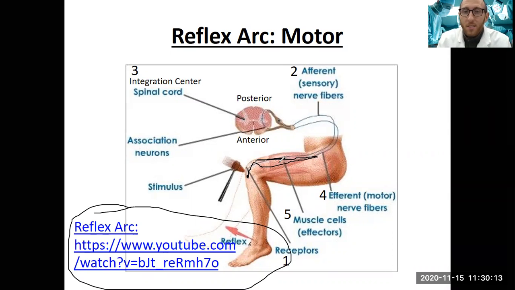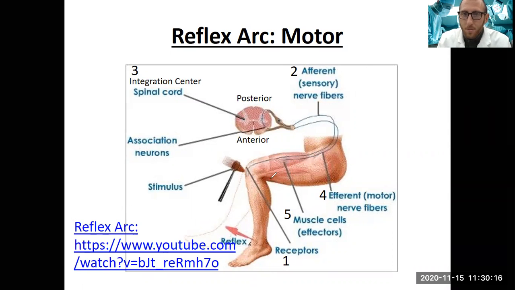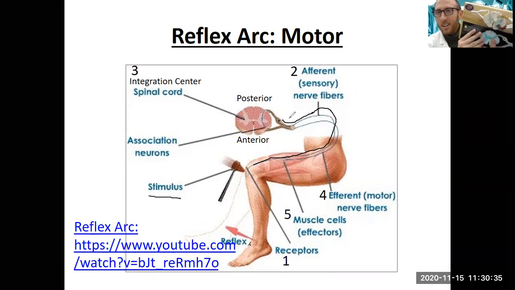And that muscle, after you have the receptor, sends a signal all the way up via a sensory or afferent neuron to the spinal cord. And this is where we're going in the posterior side. Remember this model here, going through that posterior side, dorsal root ganglion, dorsal root into the gray matter. And this information gets integrated within the spinal cord.